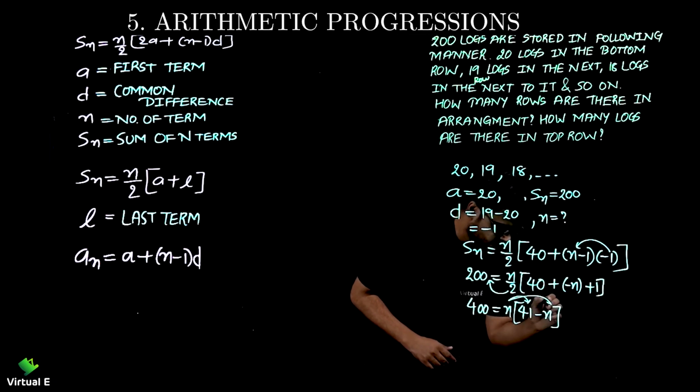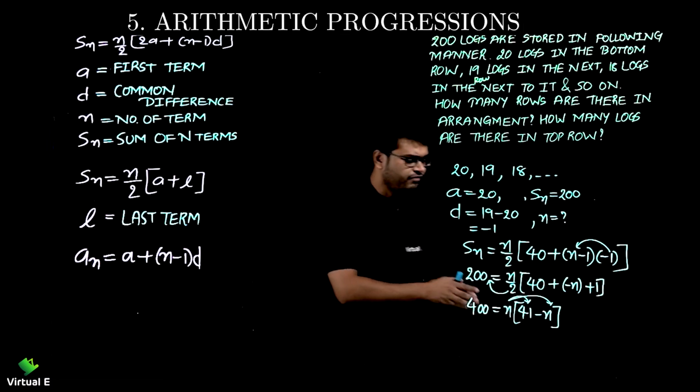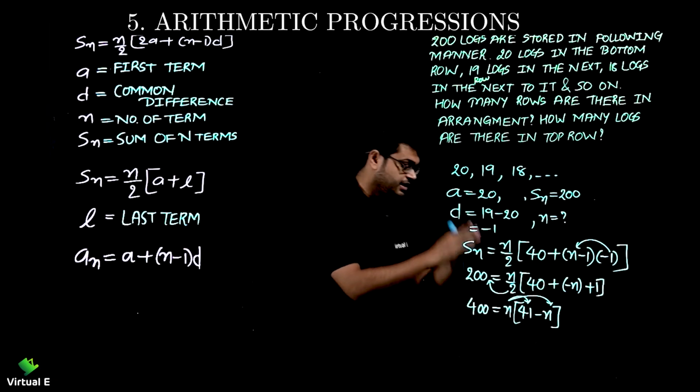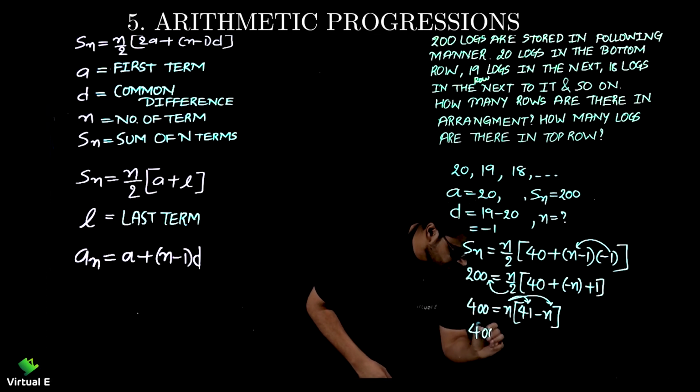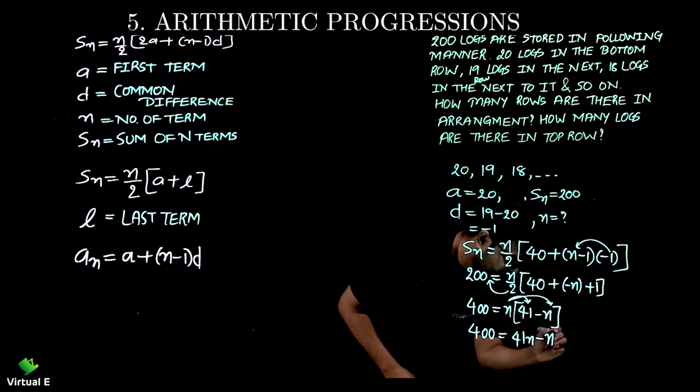Let's multiply n with 41 and with minus n. So 400 is equal to 41n minus n square.